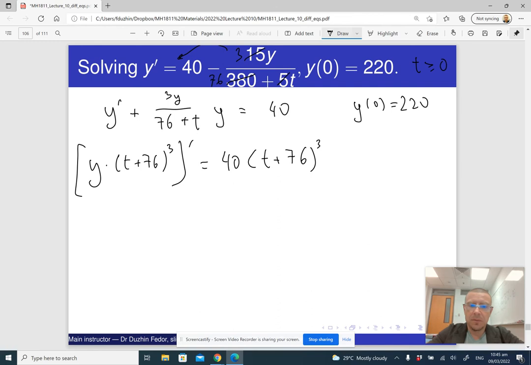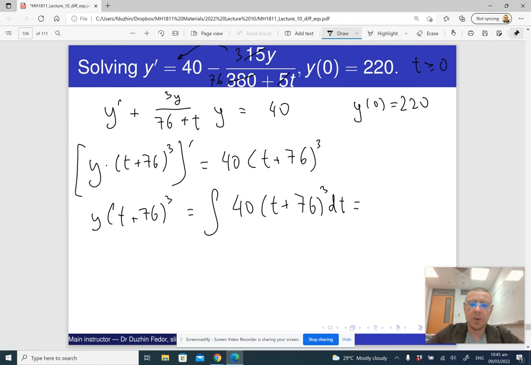Now, taking the antiderivative, let me do it step by step. So y times t plus 76 cubed should be the antiderivative of 40 times t plus 76 cubed dt, which is, what is it?